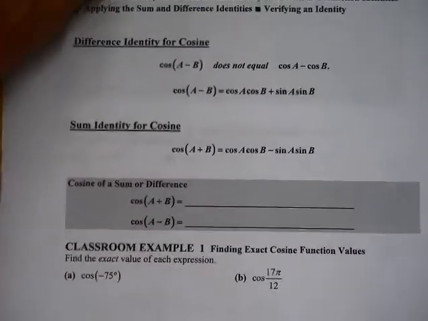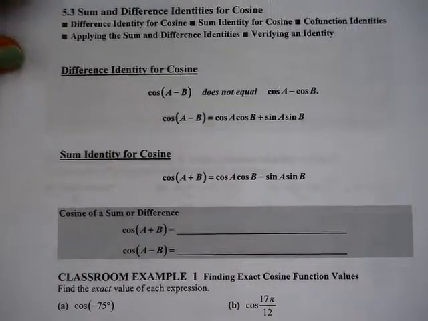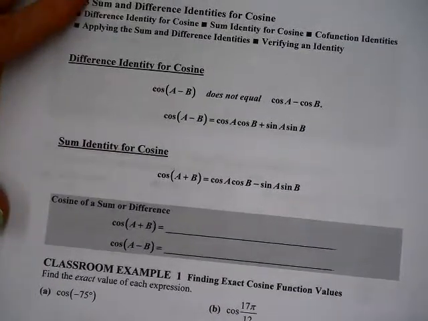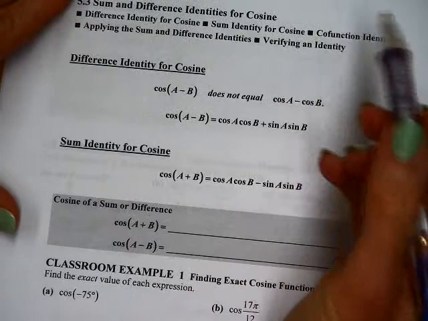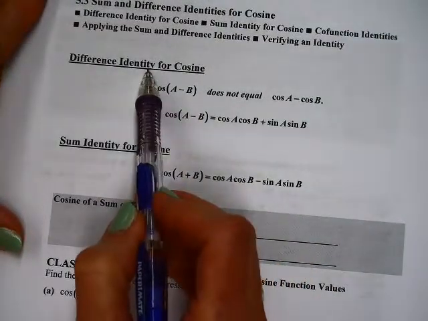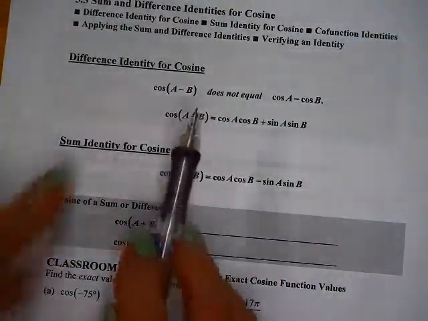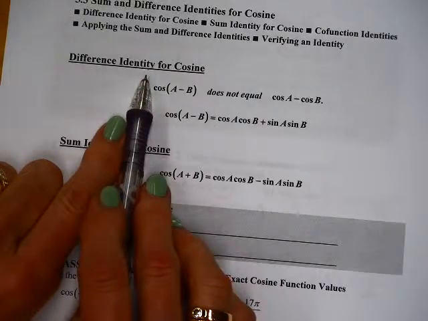Now, let's go back to page 1 and look at our sum and difference identities for cosine. All right, section 5.3 is only the identities for cosine.